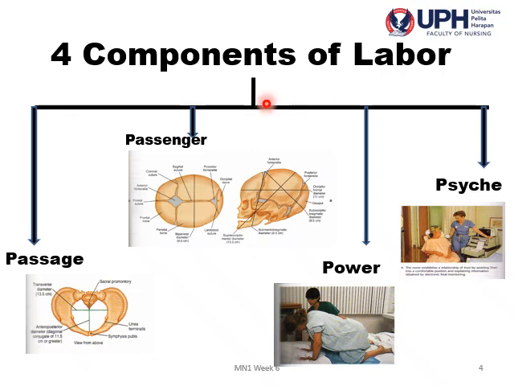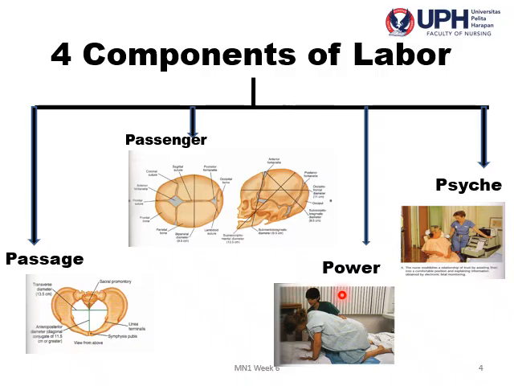As we talk about labor, we have to remember that there are four components in labor. The first one is the passage, or the birth canal. We're talking about the pelvic bone, how it will expand to accommodate the baby to come through it. Then there is the passenger, or the baby itself, where the head will be passing through the birth canal.